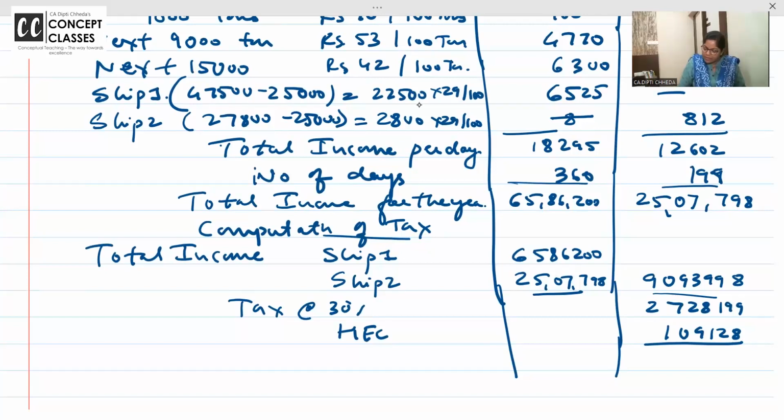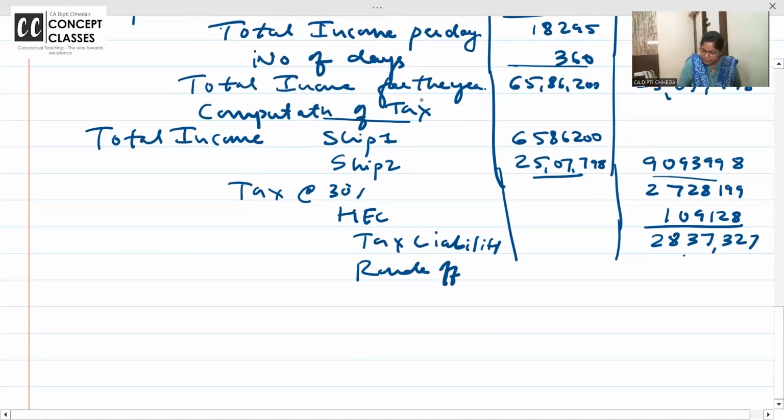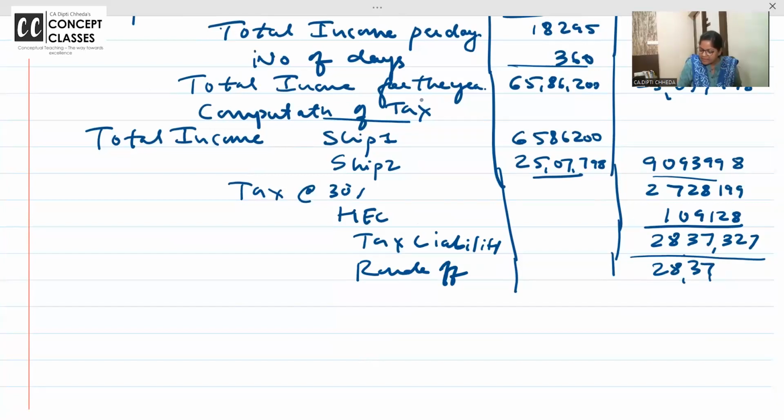Yes. 28,37,327 is the tax liability which you will round off. Rounded off to 28,37,330. Done.